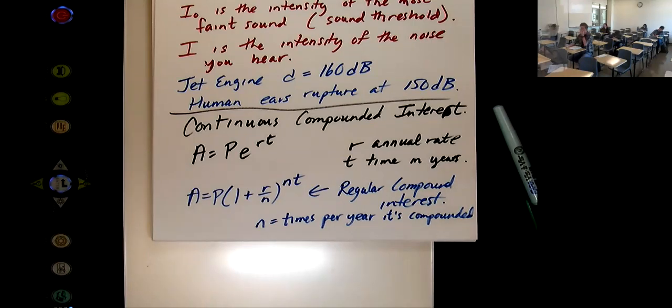Daily would be 365. So as you go from daily to hourly to minutely to every second, tick, tick, tick, interest is compounded. It shifts from having this 1 plus R over N to an exponential function, which is crazy.